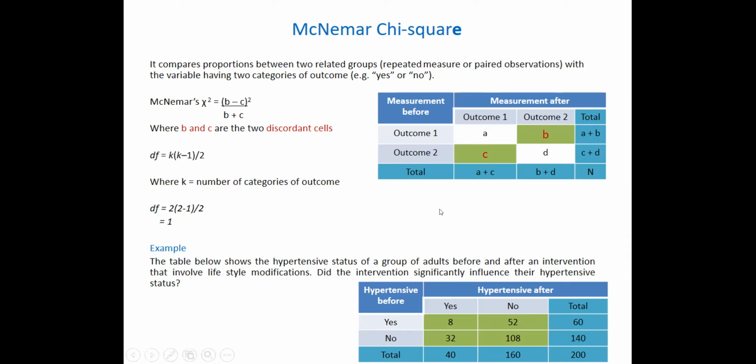So both 52 and 32 are discordant cells, that is cell B and cell C. So it's not only applicable to this, even when we do a diagnostic test, disease, non-disease, test positive, non-positive.